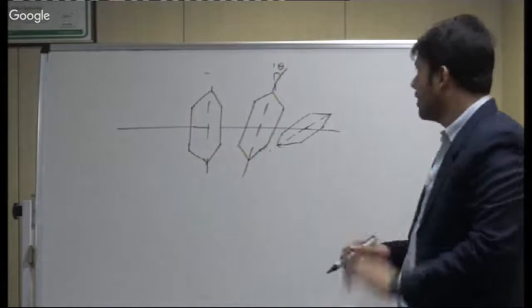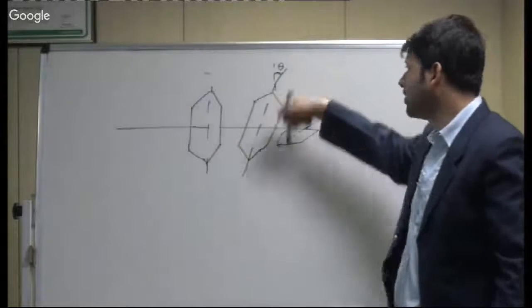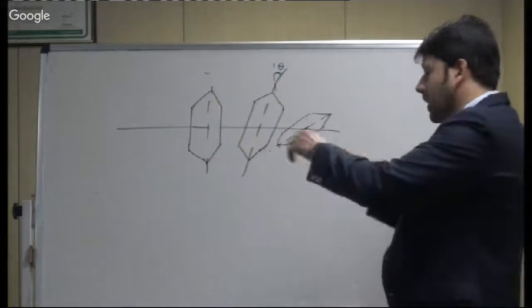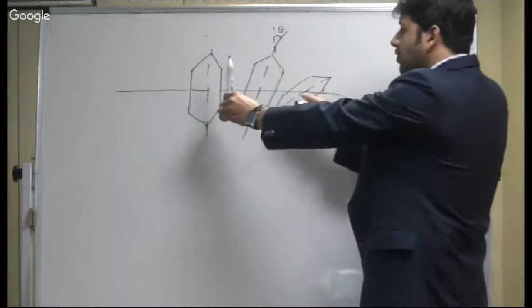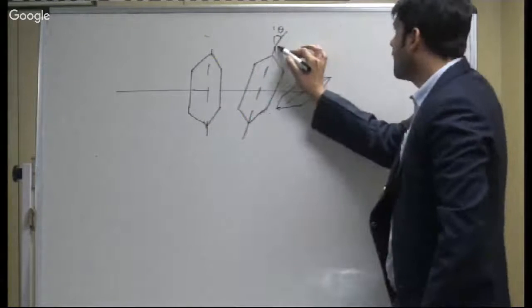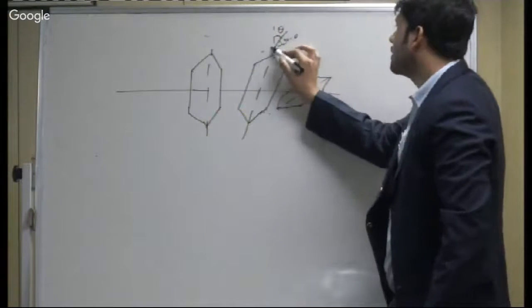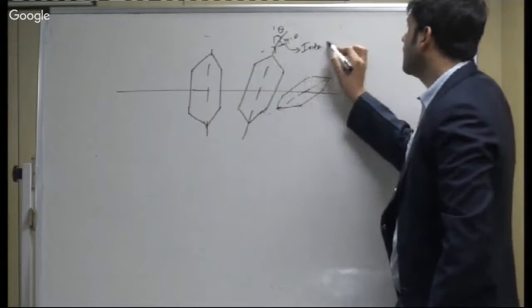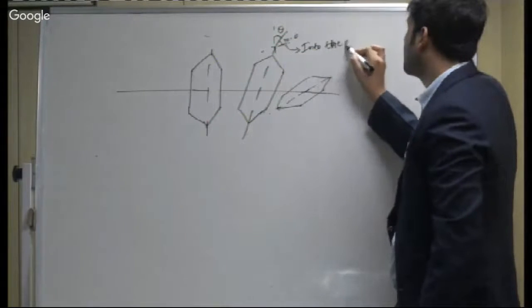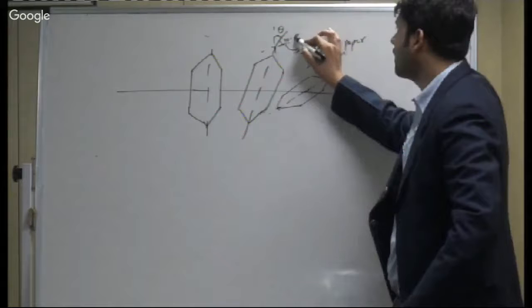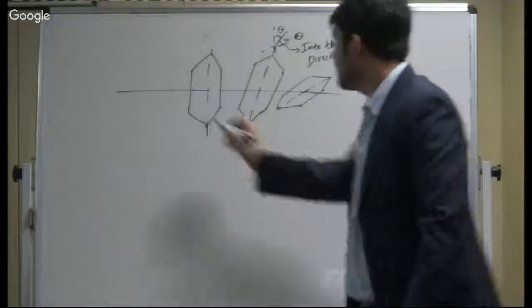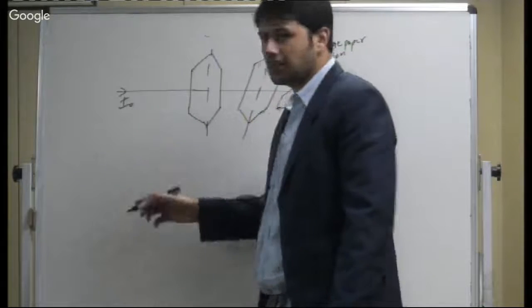If the second has angle theta with the first one, it would have an angle of 90 minus theta with the third, which is into the paper direction. Is it okay? Let's say we have I naught here, unpolarized light.